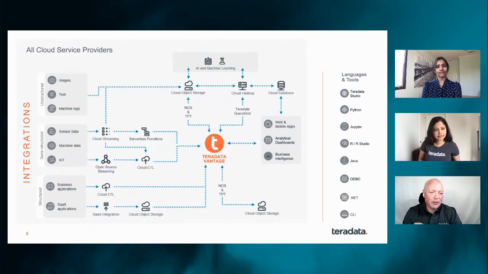Got it. Now, I got to ask you, do we favor any of the cloud providers? Are we showing a little bit more love to one or the other? Or are we playing favorites here? We play nice with all of them. Absolutely. The whole point of the multi-cloud platform is that at the end of the day, it's about our customers and the data and analytics architecture that they want to build out and the outcomes they want to drive.